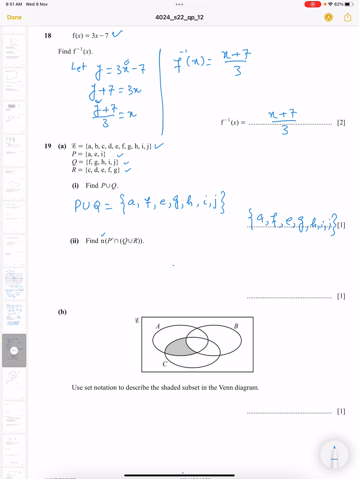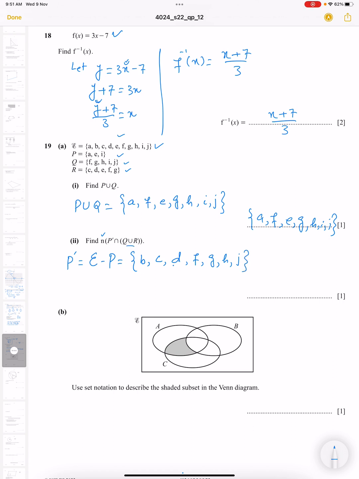Second part, find number of elements. This N stands for number of elements in P complement intersection Q union R. So first, what will be P complement? P complement, you know, it will be universal minus P, means those elements which are in universal but not in P. So those will be B, C, D, F, G, H and J. This is P complement.